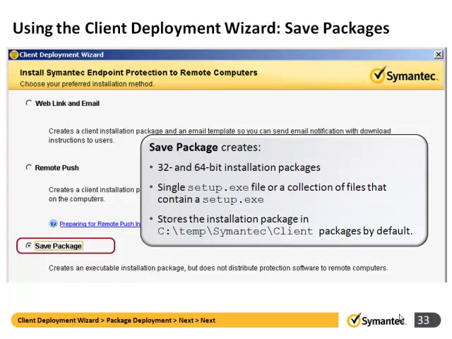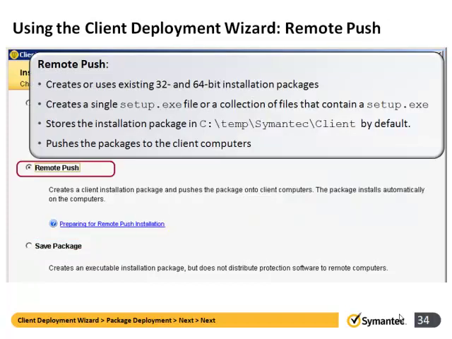That could be done with some third-party software. With the remote push, it will create that package, either 32 or 64-bit, and it will then create a single setup exe that will be stored in the installation package and then pushed out to the client computers.